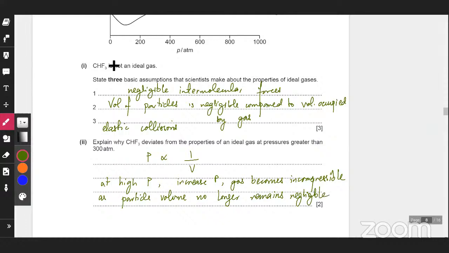So gas becomes incompressible and volume stops decreasing.